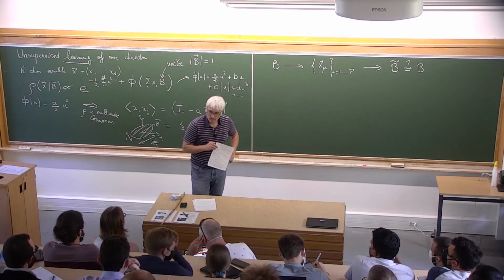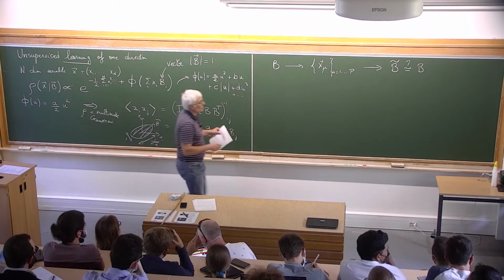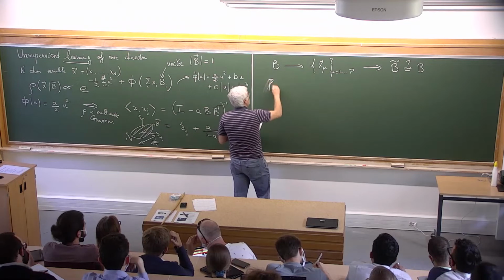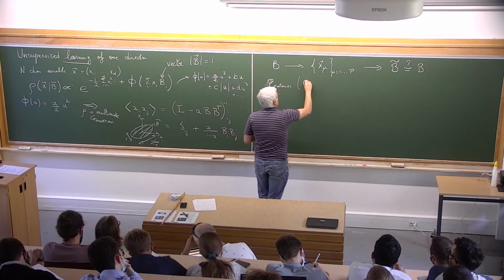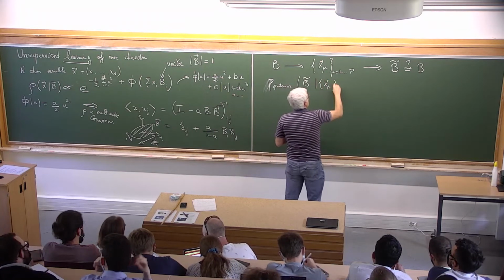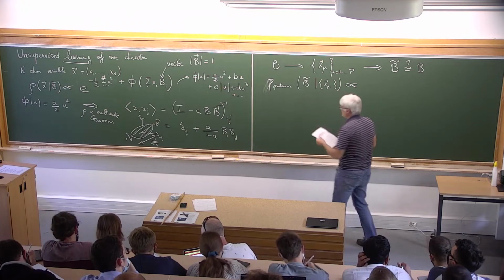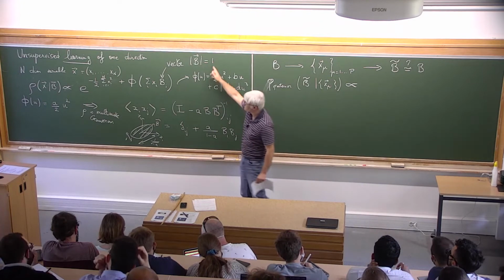I fully agree. Okay, so if we look at the posterior distribution over B tilde, so I will use this P posterior, given the data, then this will be proportional to the prior of the B tilde, and the only prior I have here is that I would like to have the unit norm.